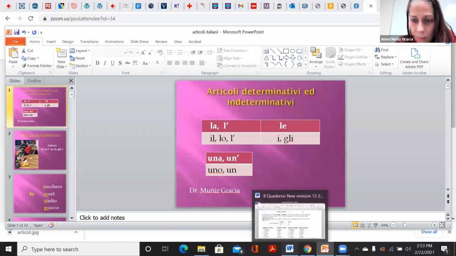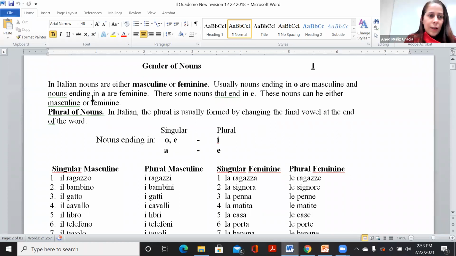So, in your quaderno, you have again the explanation of gender of nouns and how to do the plural by changing the endings of most cases. Again, we are going to go over some other ones, like if it ends in io, like, per esempio, negozio, you don't put another e, right?